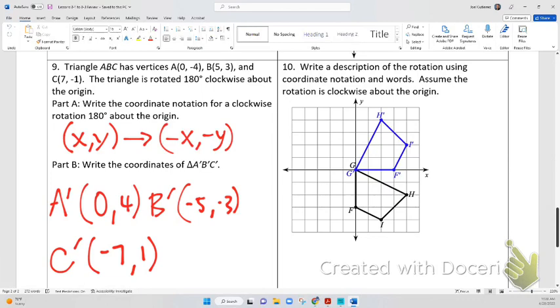And then for number 10, this was last night's homework. It just wants us to write a description of what type of rotation is happening, okay, using coordinate notation and also words. And then it says assume that it is being rotated clockwise, okay. So remember that there's 4 different quadrants, right? So if it's 90 degrees, then it's going to be found somewhere here if we're going in a clockwise motion, and clearly it's not there.